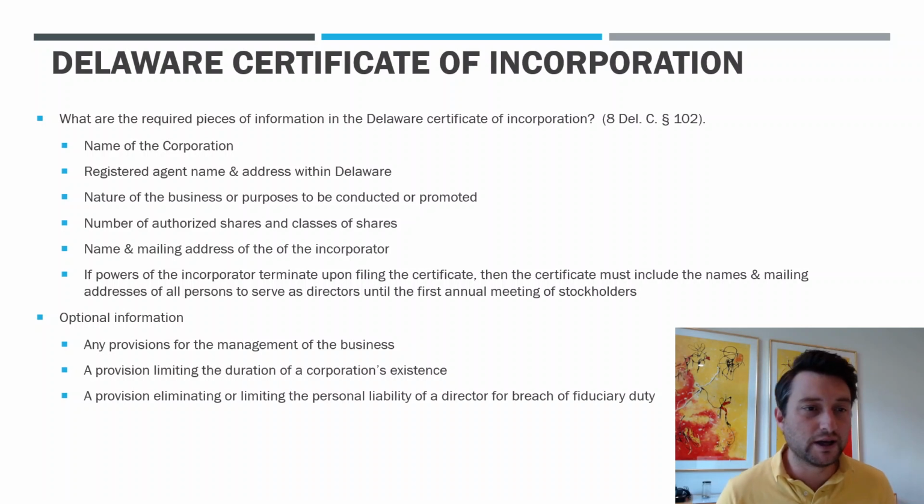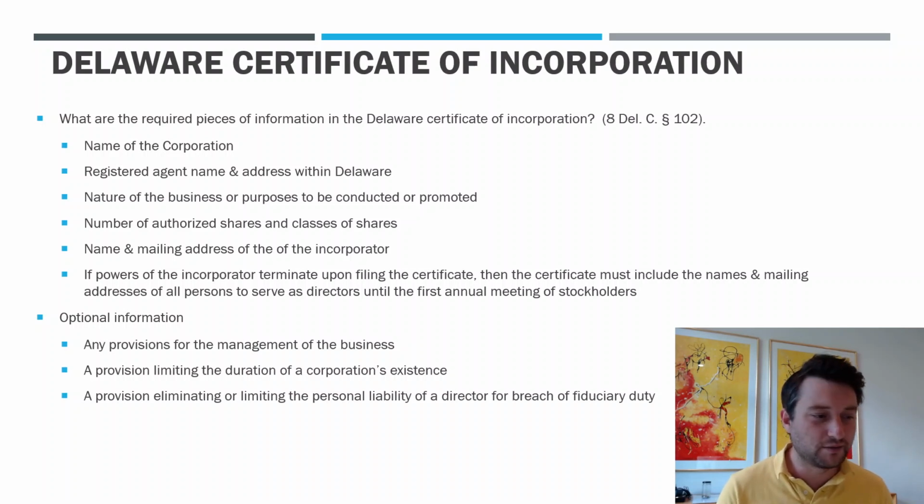Delaware has a standardized format which covers the bare minimum. I'll show you what that example looks like later, and then we'll also look at an example for Tesla. We'll look at Tesla's amended and restated certificate of incorporation, which is publicly available because it's an SEC company, just for comparison purposes.